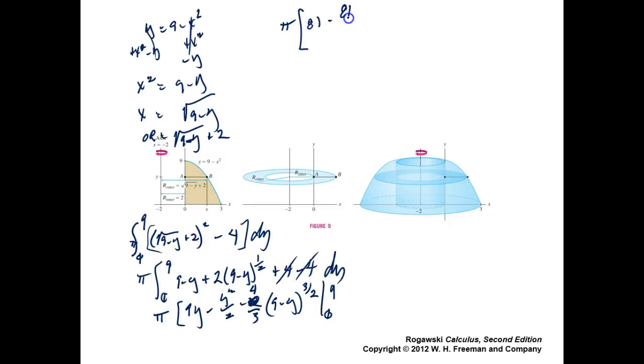Minus 81/2. That's the second term there. Minus 4/3 times, well, what's 9 minus 9? Oh my goodness, 0. That doesn't seem right, does it?